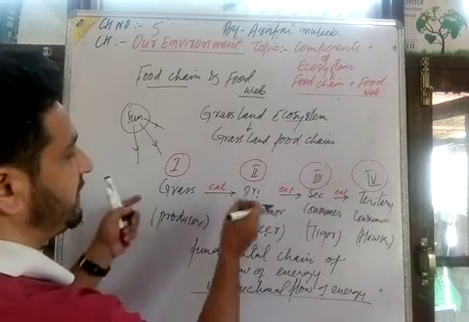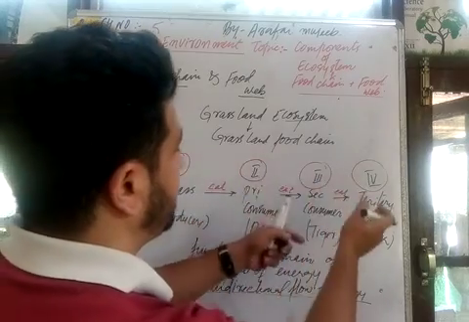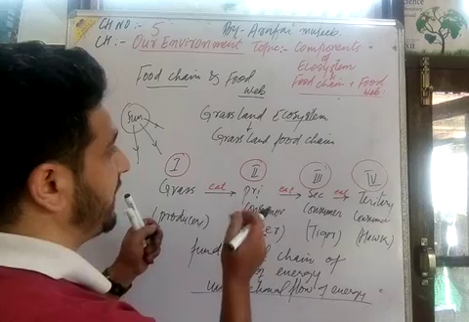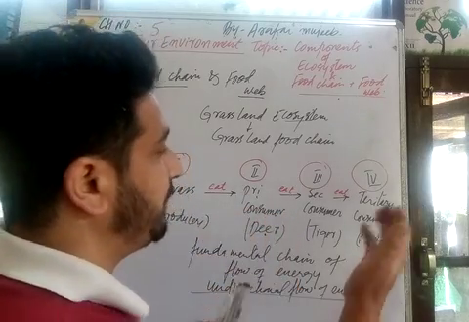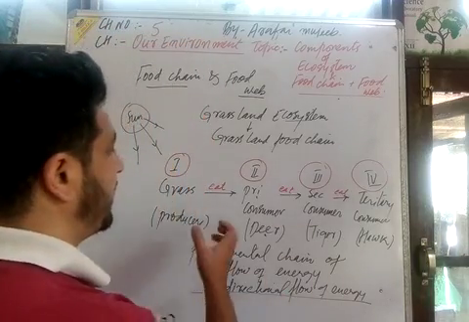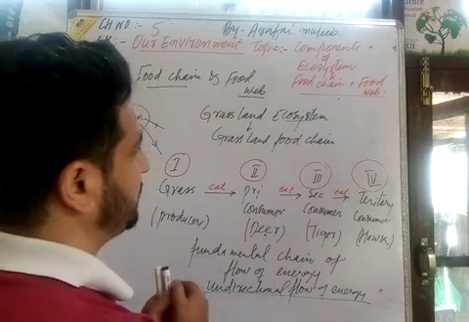How is there an interaction between the organisms at different trophic levels? What kind of interaction is there, what food relationship is there: one organism feeds on another organism in order to obtain energy. Here is the food-eating relationship in an ecosystem.